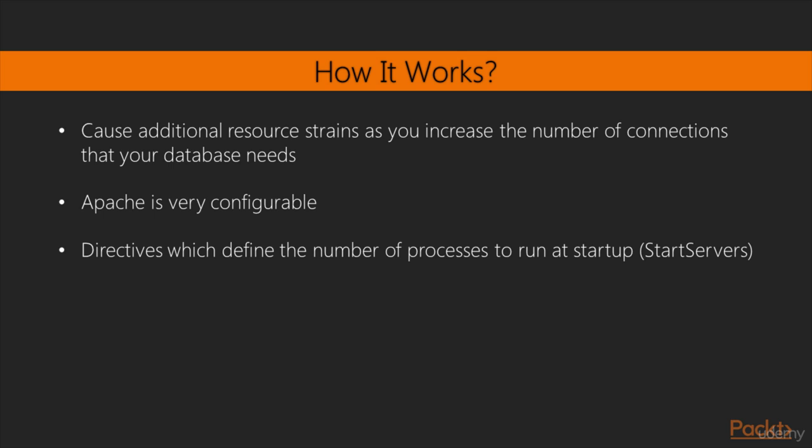In order to give people the flexibility for how they handle connections, Apache is very configurable. There are directives which define the number of processes to run at startup, StartServers, as well as a minimum and maximum number of spare or idle servers which should be running, MinSpareServers, MaxSpareServers.